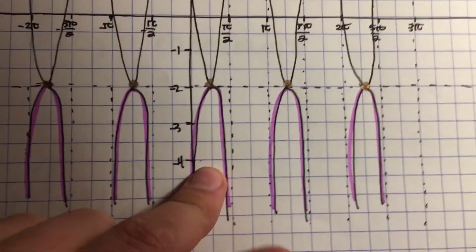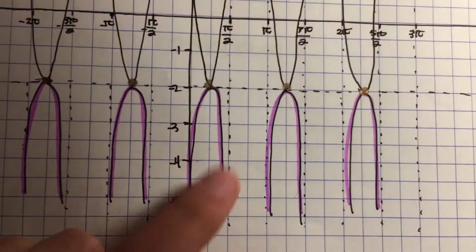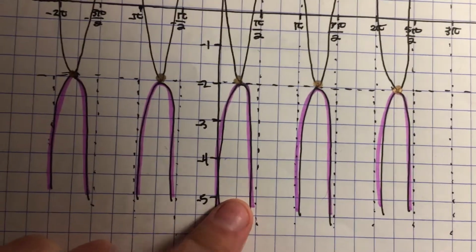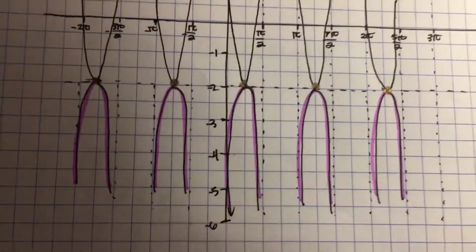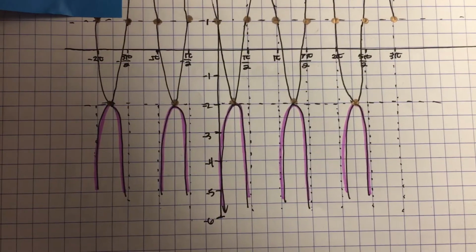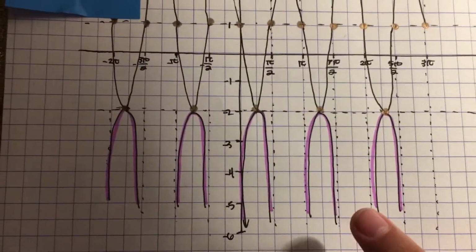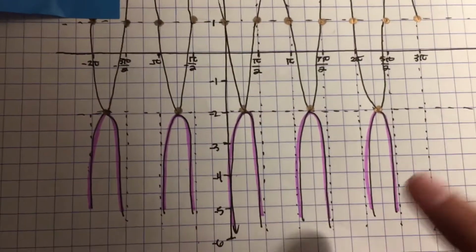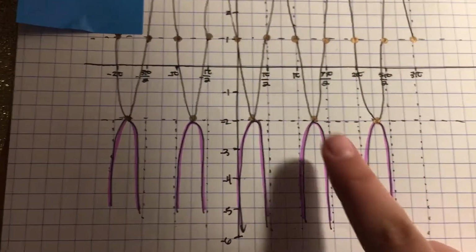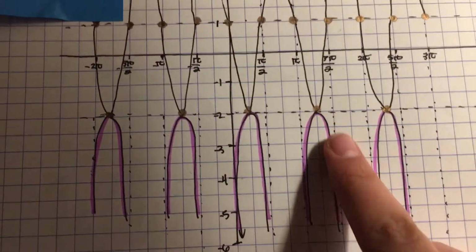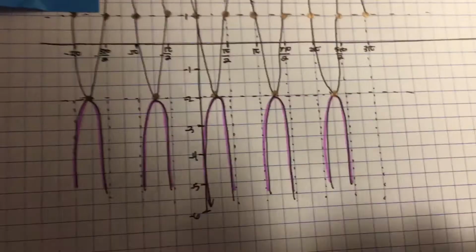The reason that they stay within these periods is because they can never reach 0, because the cosecant function can never be less than the absolute value of the sine function. So it's never going to be able to reach that 0 just because of its fraction.